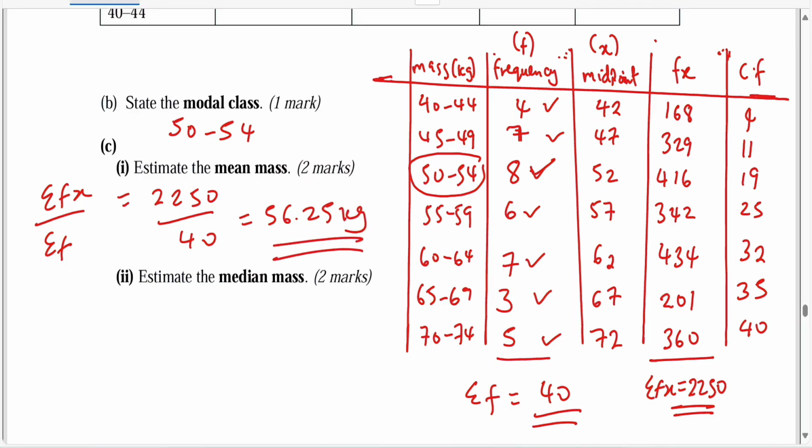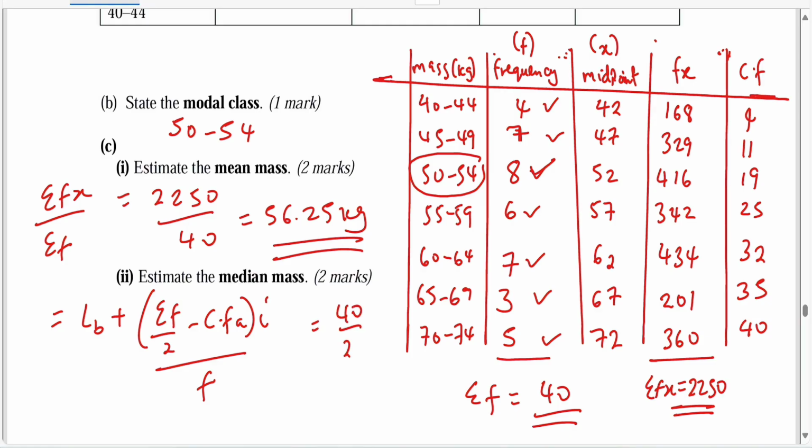Estimate the median mass kama tulivyosema, lower boundary plus sum of f divided by 2 minus cumulative frequency above times I divided by f. Sawa. So mwanzo sum of f lazima tujue, which is 40 divided by 2 which is 20. Sawa. So hiyo 20 tutafute 20 for cumulative frequency. 20 iko wapi?